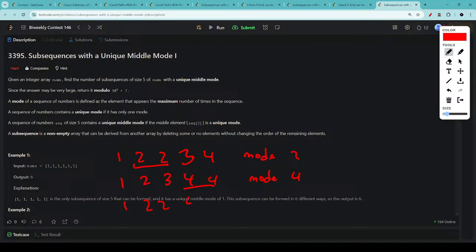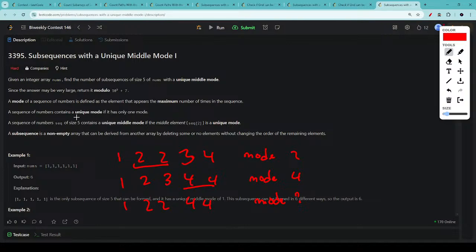If it's something like 1, 2, 2, 4, 4, I don't know what the actual definition is, but in this case there's no unique mode because 2 appears twice and 4 also appears twice. So if your number appears 3 times, it's guaranteed to be a unique mode. Nobody else will beat you. If you appear twice, you might be a draw. If you appear 1 time, you cannot be mode. So those are the rules.